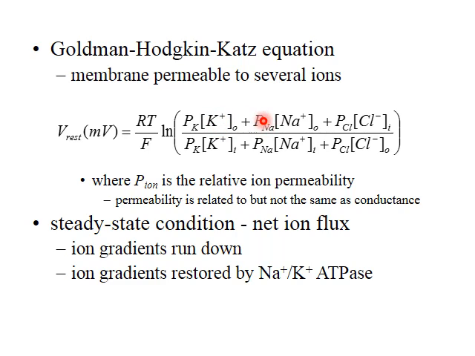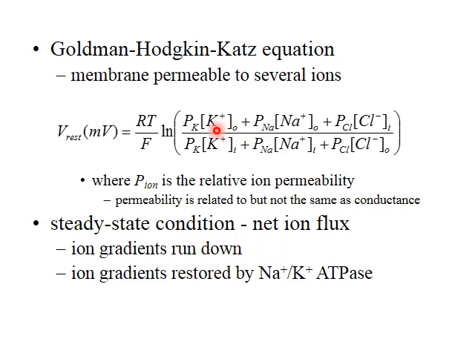That means that the permeabilities of sodium and chloride are 0, and therefore these terms drop out, and we're left simply with this term telling us that the membrane potential equals 58 millivolts times the log base 10 of potassium out over potassium in, which of course is simply the Nernst equation for potassium.